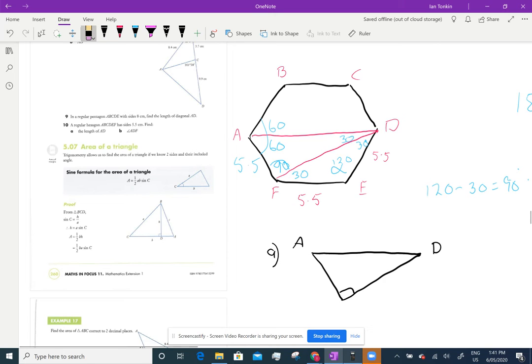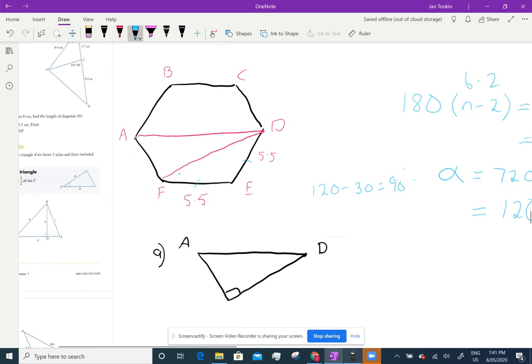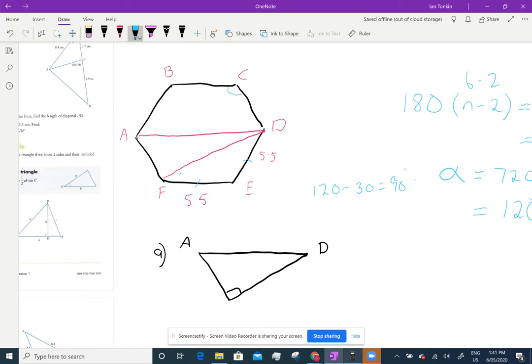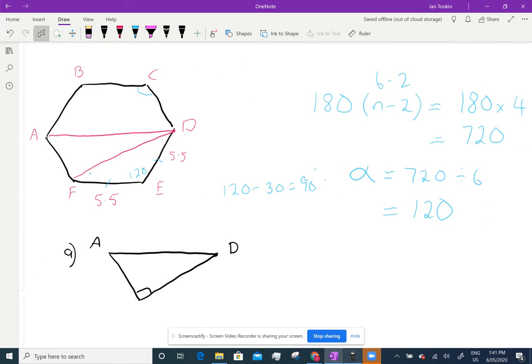Let's just run through that process again so you can follow what I did. So this is isosceles. I know that each angle in here is 120 because I did the number of degrees in it.